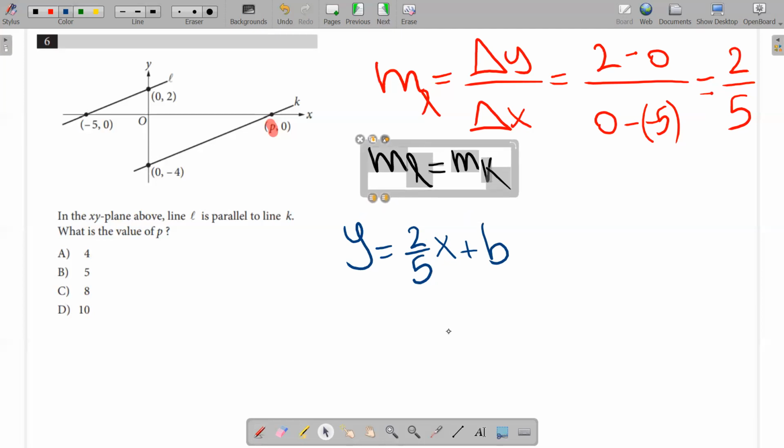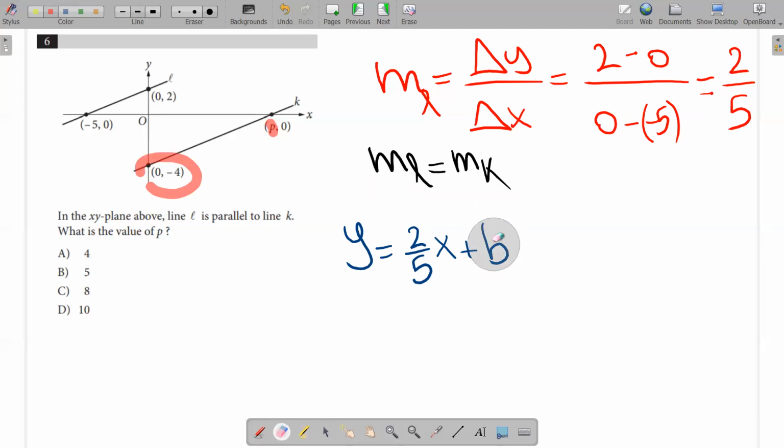But do we need to find b? No, it's right here. b is going to be -4 because b is the y-intercept. That's it. Now, how can we find P?